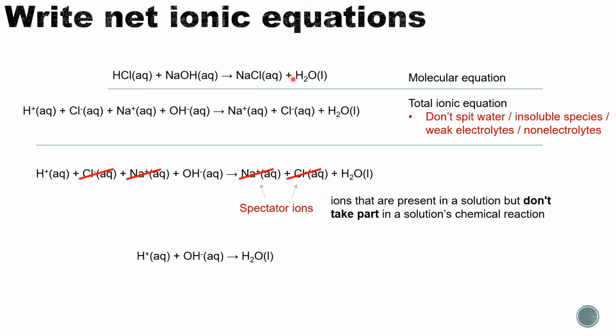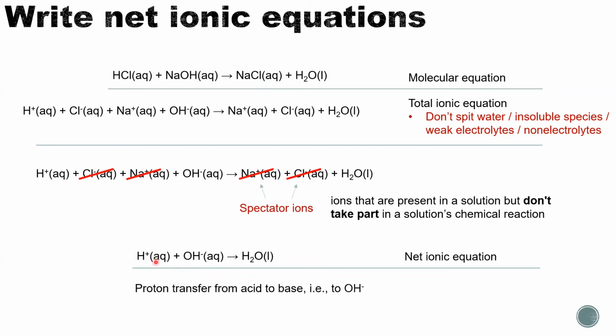For this acid-base reaction, it's the hydrogen ion and hydroxide that form water. So this is the net ionic equation. From this net ionic equation, we can also see the fundamental underlying origin of the acid-base reaction: the proton, the hydrogen ion, transfers from acid to base and creates water.